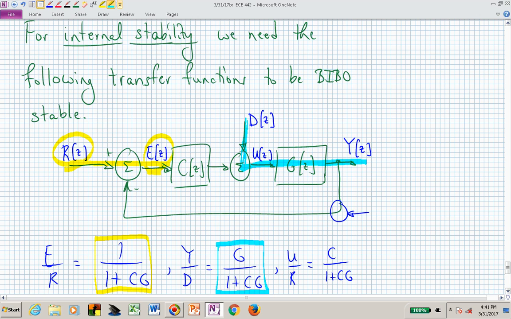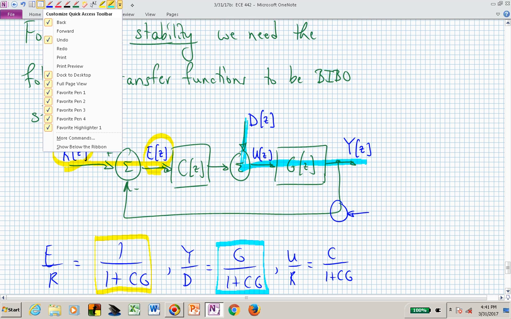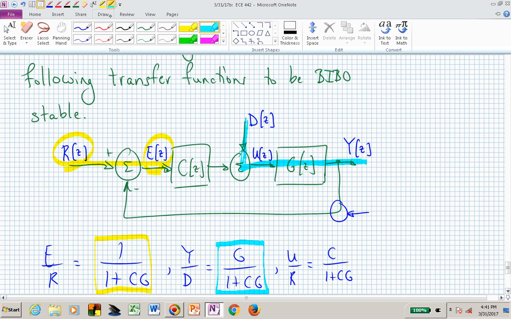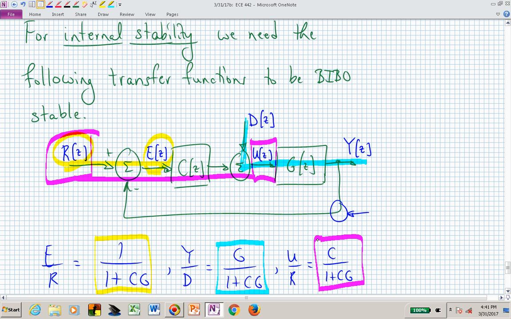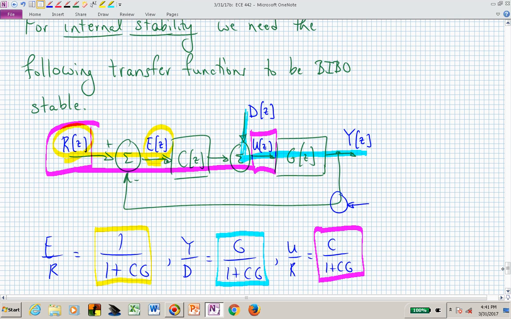And finally, we want this transfer function between the reference input R and the input to our system U to be bounded input, bounded output stable, and that's governed by C over 1 plus CG. And we need that transfer function to also produce a bounded input, bounded output stable system.